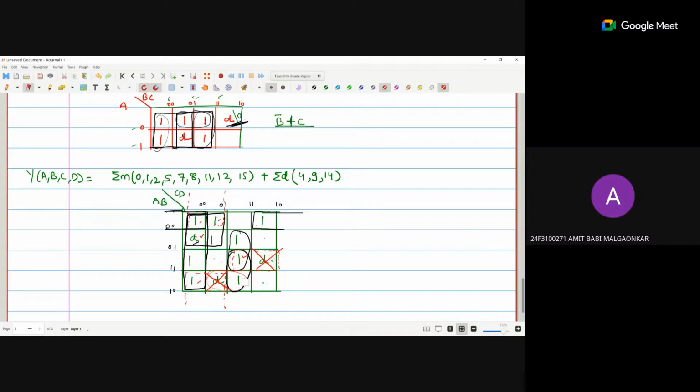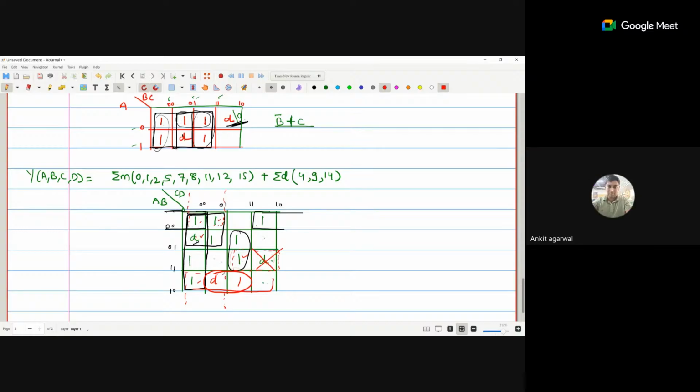You can create this group and this group also. Then this D is considerable. Okay, so we'll get different answers. Then we have to check what is available in the options. Yes, exactly.